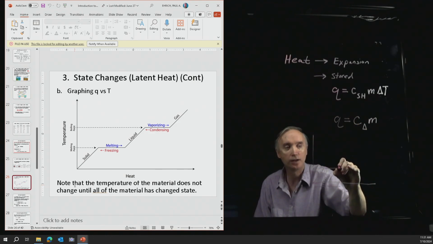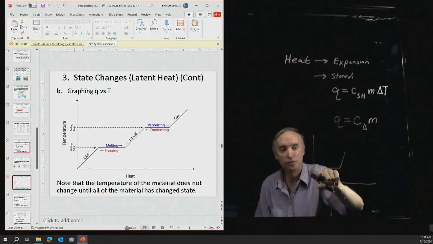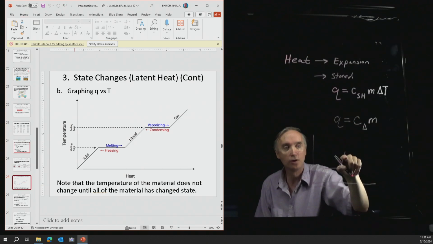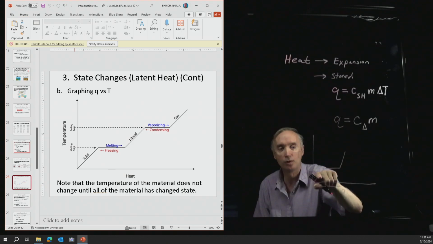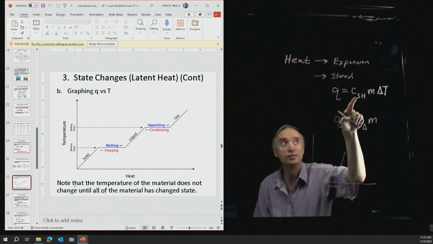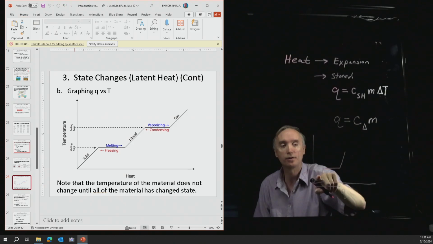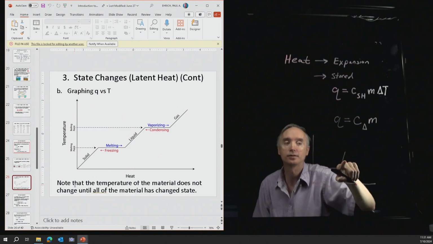Okay, then it goes up at a different rate. Notice the slope here is different than the slope over here because it's a different constant. So remember that this one here would use this constant for this material, and as you're over here, you would use a different constant.